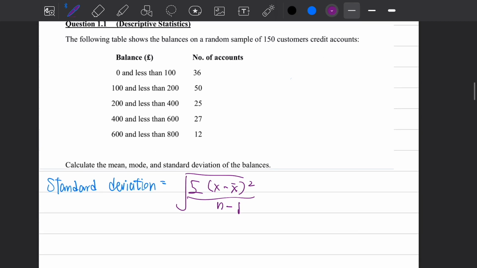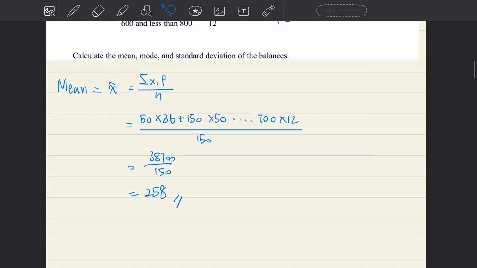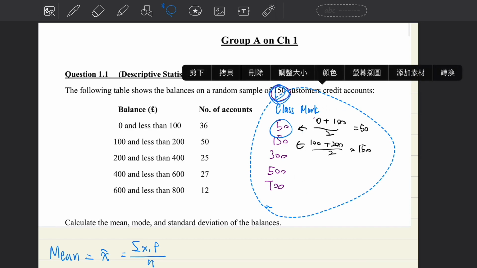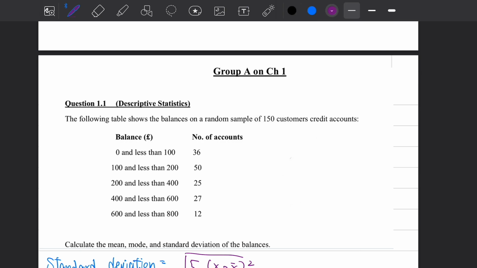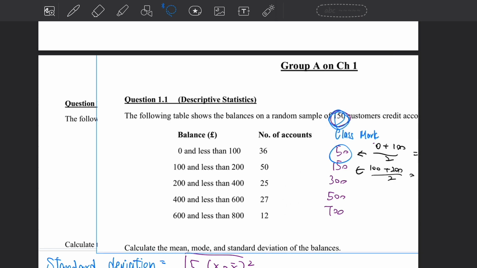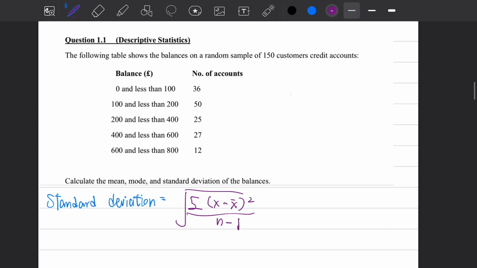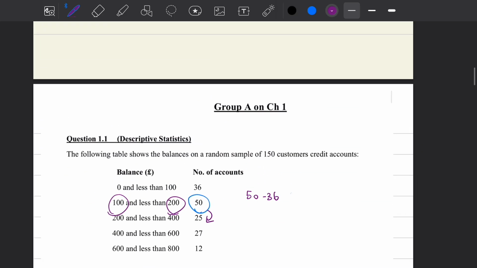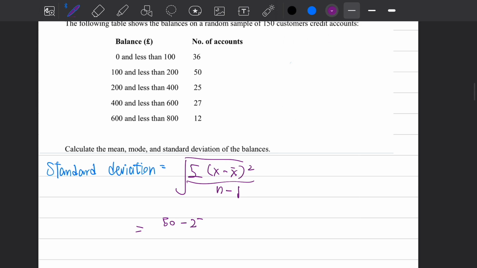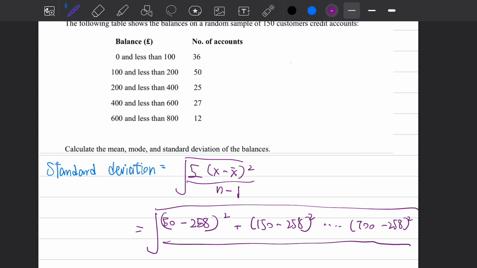Now we have the class mark, 36 is 50 minus the mean, 258 squared, and the total frequency 150 minus 1.